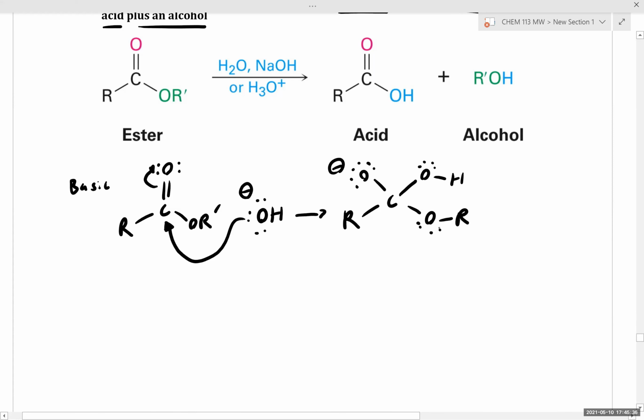From here, we're going to kick out our leaving group, which is our alkoxide equivalent. That in turn gives us a carboxylic acid.